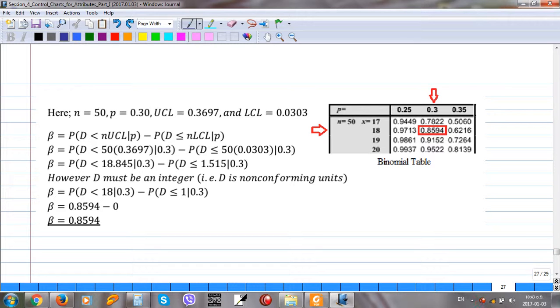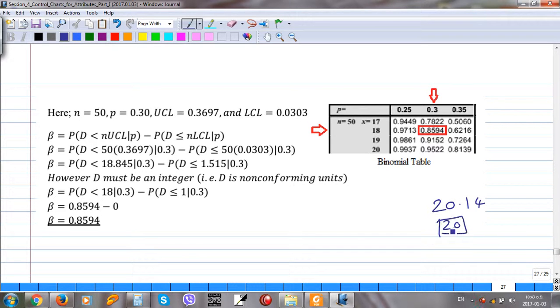So 18.85, if it is greater than 18, normally we are taking the lesser value. It means here if it is 18 point something, you have to take that as 18. That 1 point something, you have to take that as 1. Here also, if you take another value 20.14, then the value is 20.